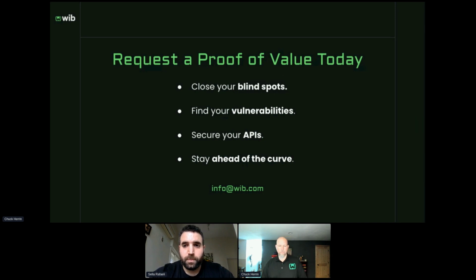In the meantime, I will add, Chuck, that when we show a proof of value to companies and start them on their API security journey, it's usually very eye-opening for the company, because we show them just how insecure they are. As part of our proof of value, we find together the vulnerabilities in their APIs.